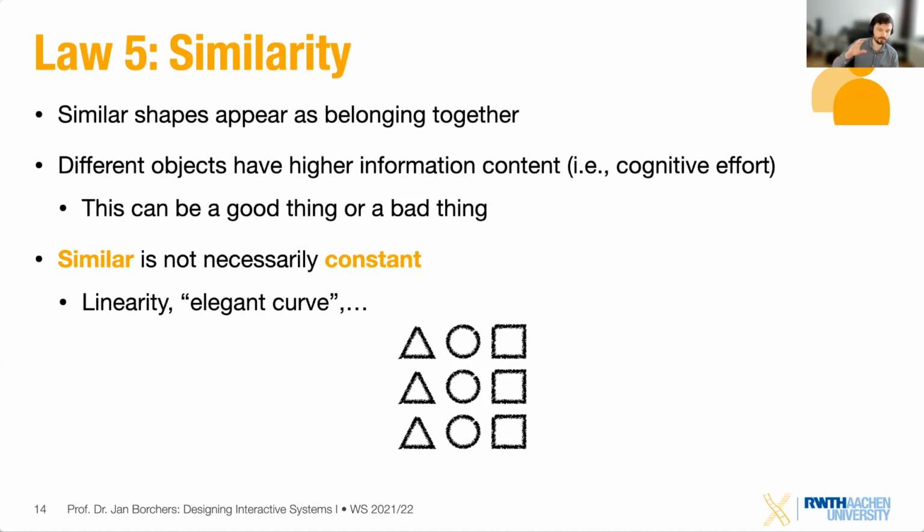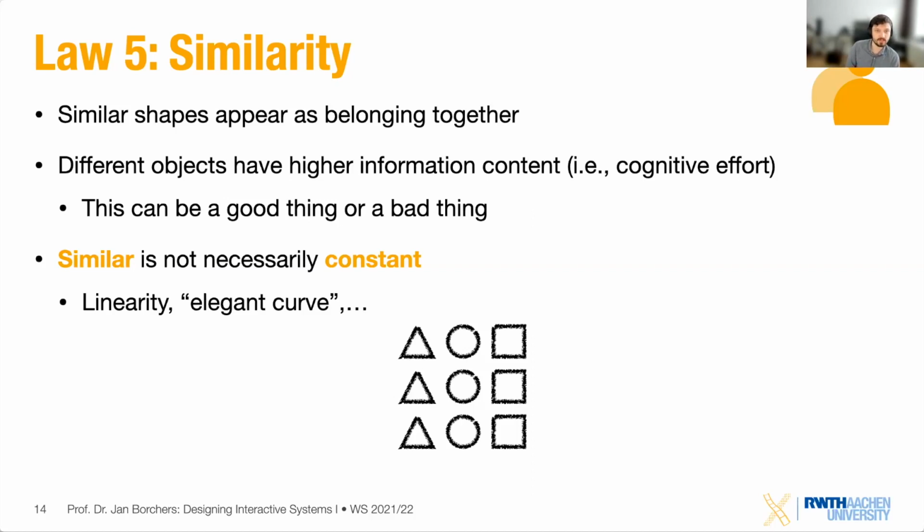And as soon as elements which should be similar look different, this makes it more difficult for users to parse and makes the interface harder to understand, and increases the cognitive effort.